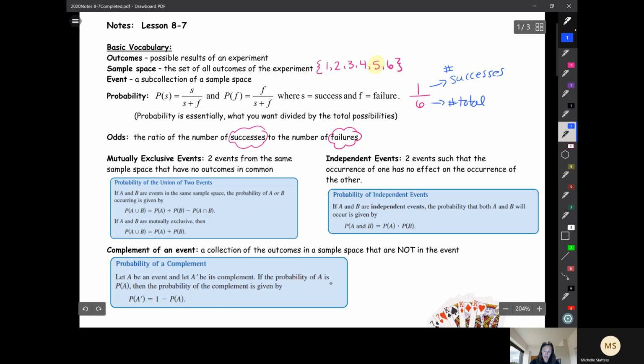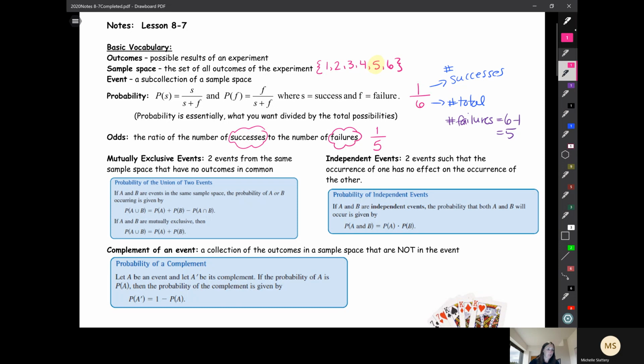That means here that the number of failures would be the successes subtracted from the total. So 6 minus 1. So there'll be 5 failures, which means that the odds of rolling a 5 on the dice would be 1 success to 5 failures.